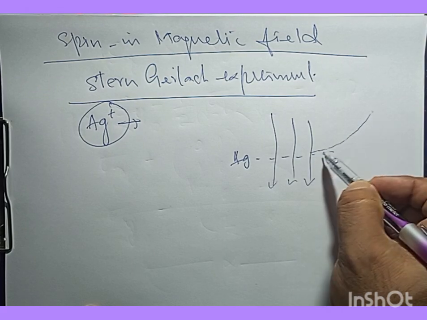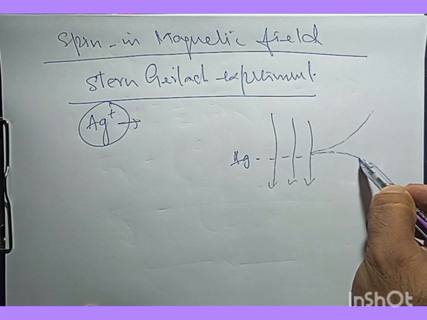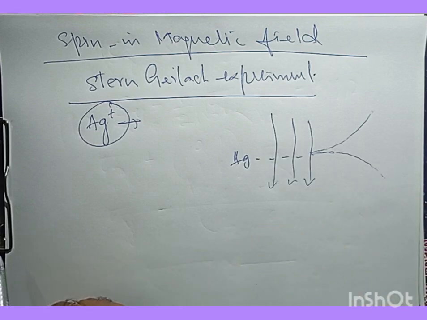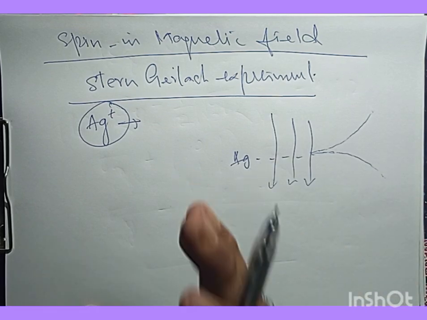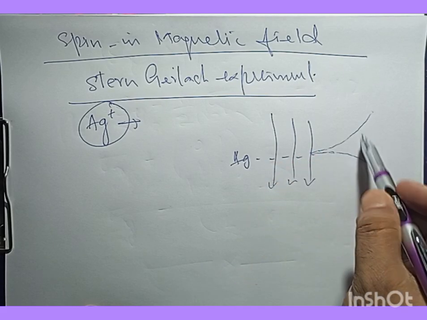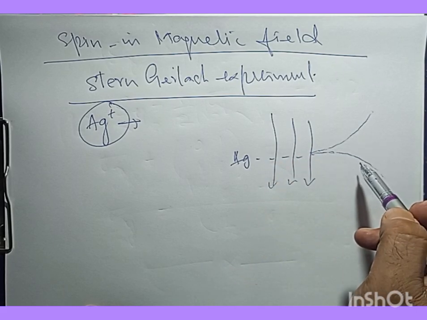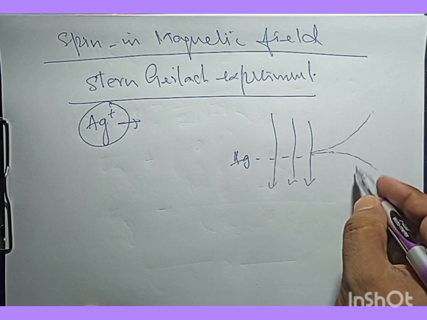We have a beam in the upper side, say for example, and a beam in the lower side. So this beam splits into two, corresponding to the two possible spin states.